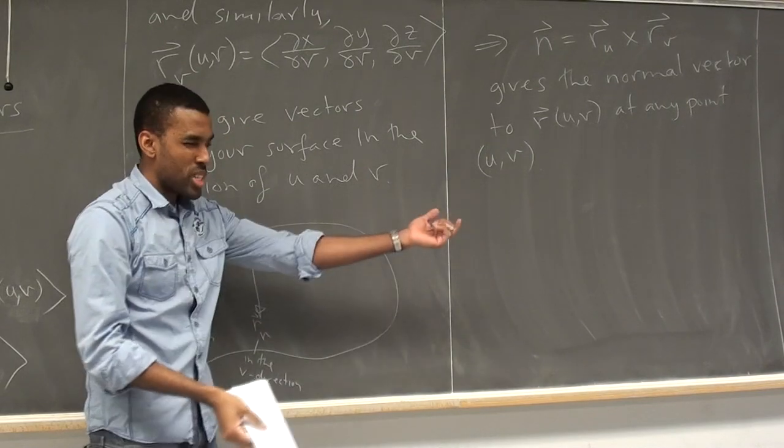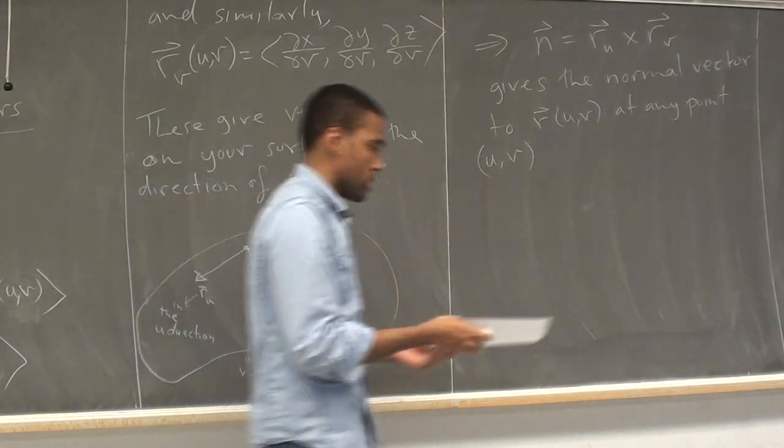If you want the normal vector at a particular point, you just plug in that particular point (u,v).